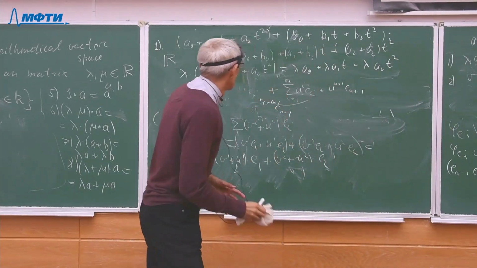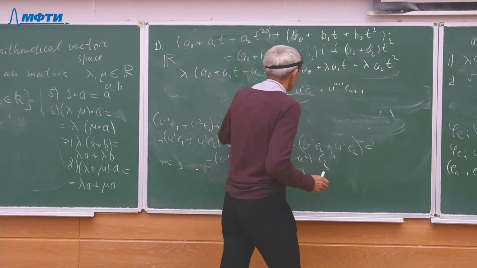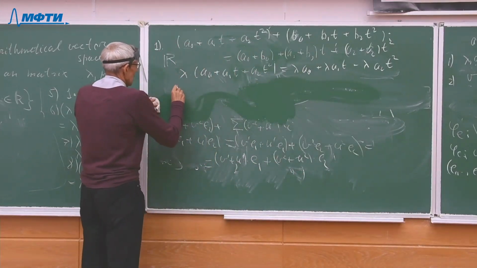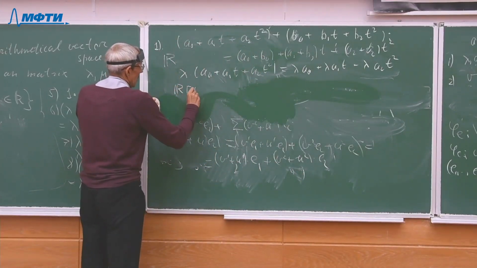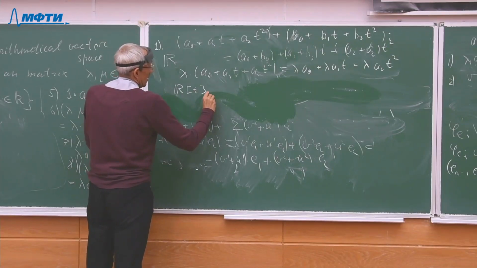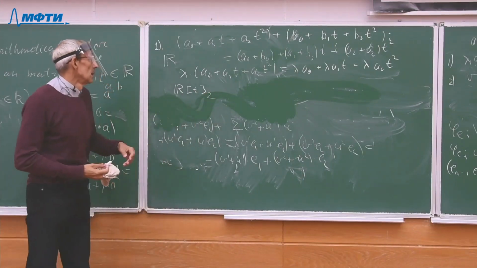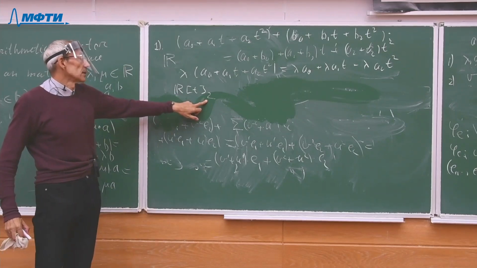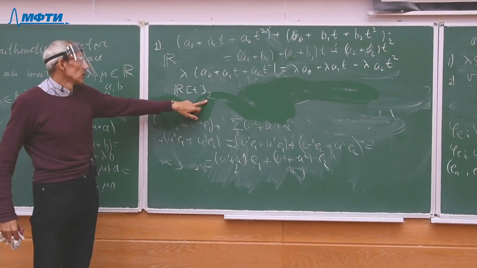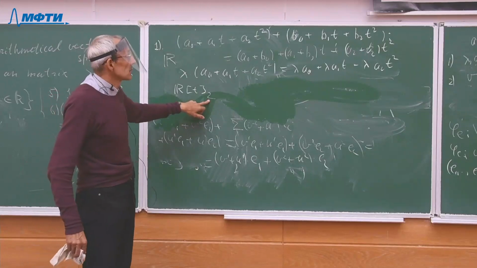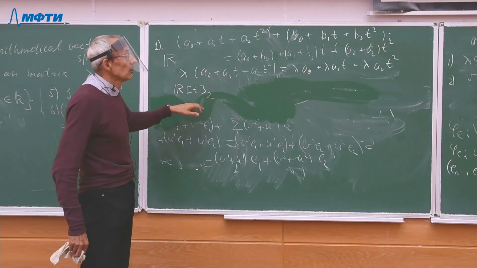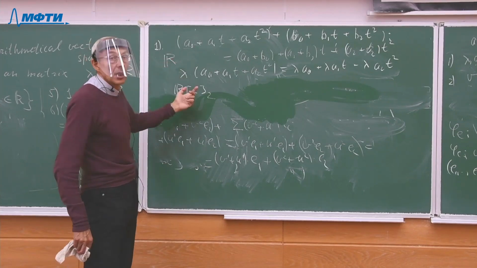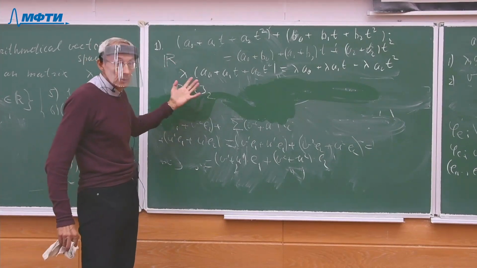And in this case, we obtain the vector space called R, t, 2, and the symbol 2 means that we consider the polynomials with degree less or equal to 2.